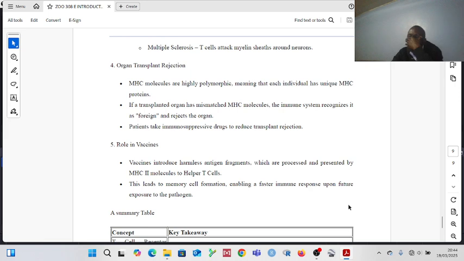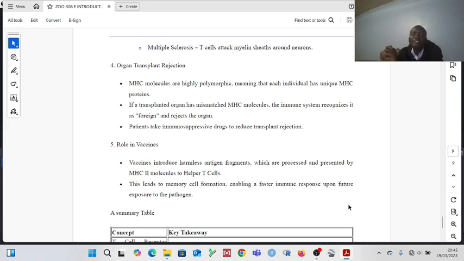The other importance is when we talk of the organ transplant. So the MHC are very polymorphic. So each person has unique MHC proteins. So if you get an organ transplant, you are likely to have a mismatch from your donor. And if that happens, then your immune system will recognize that as foreign, and then it will reject it.